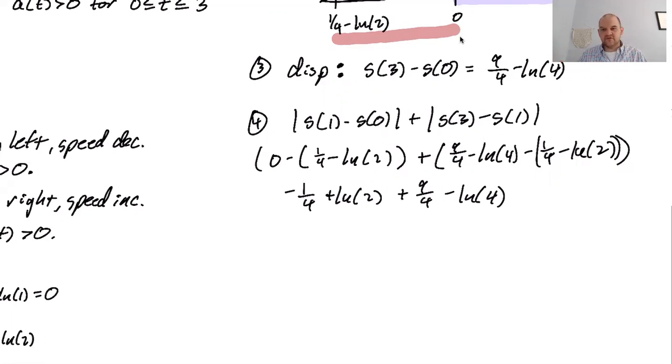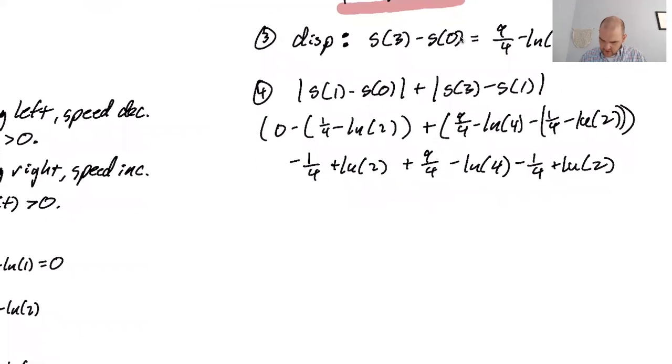Minus a 1/4, and then plus a natural log of 2. So we end up with 9/4 minus 1/4 is 8/4, minus 1/4 is 7/4.